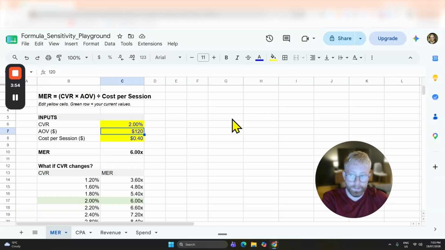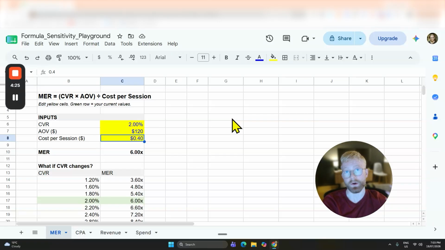Sure. The last one, which I think is the metric that is probably the most accessible to control as a marketer, is cost per session, right? And cost per session really is dependent on how you're running your paid media strategy, right? Like, are you running very efficient ads at the top of the funnel when it comes to Meta and TikTok?